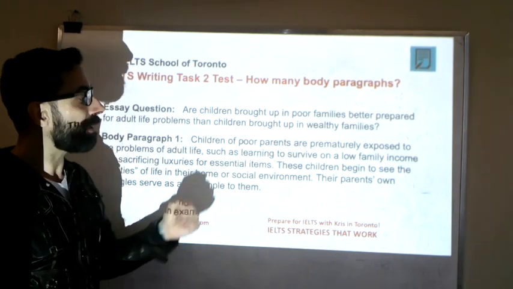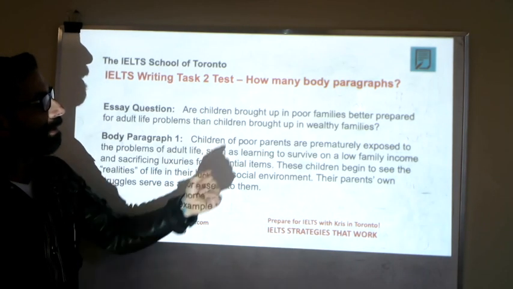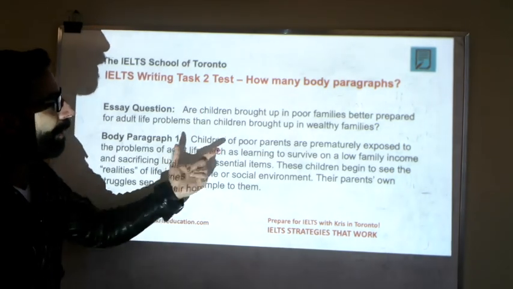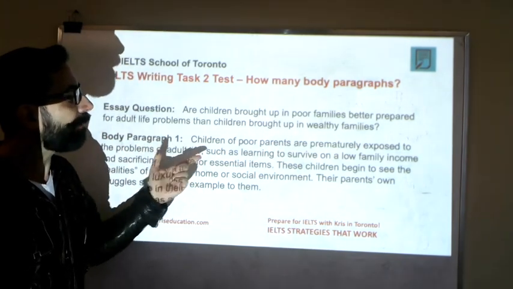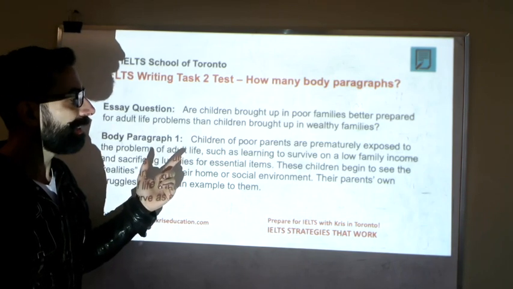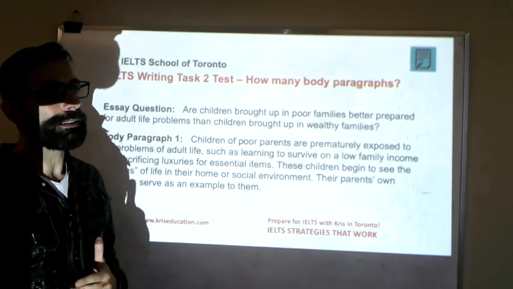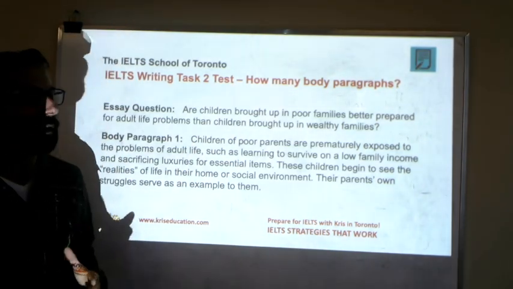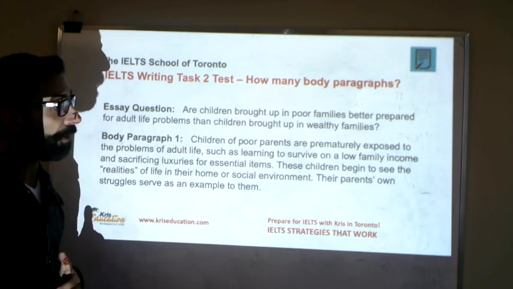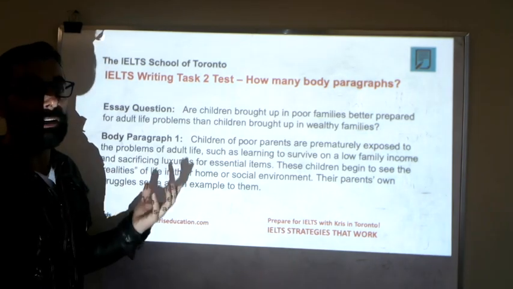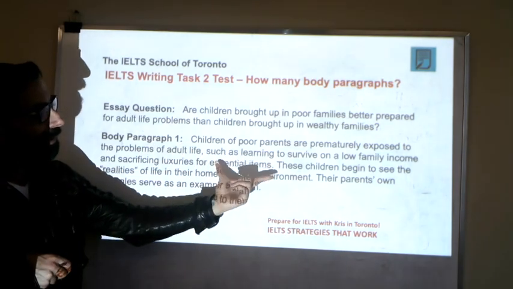What this test taker is saying here is these children are better prepared because they are exposed to problems of adult life at a very early age. That's the topic sentence. In the topic sentence, we usually write general words such as problems or consequences or benefits. So these are very broad words.